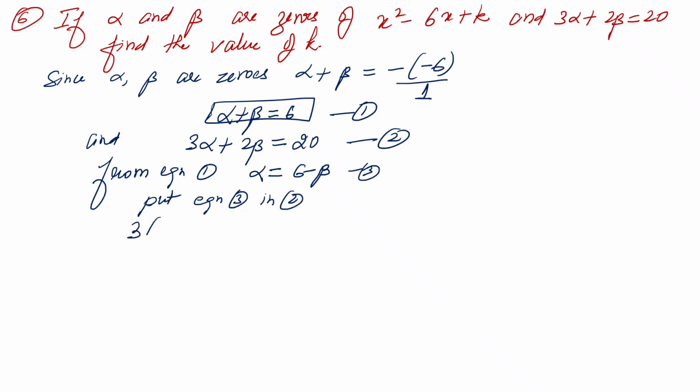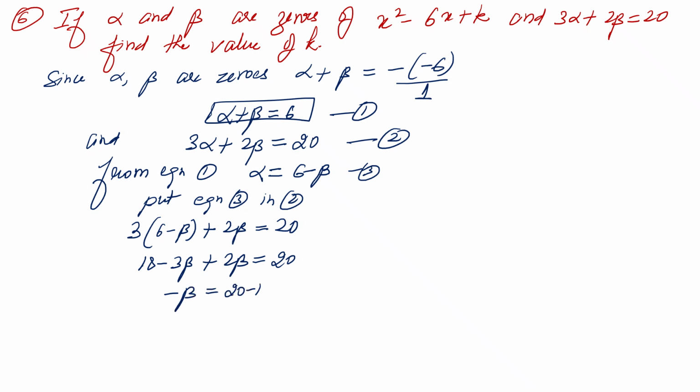So you will get 3 times 6 minus beta plus 2 beta equals to 20. 18 minus 3 beta plus 2 beta equals to 20. Minus beta equals to 20 minus 18. So you get minus beta as 2, or you can write beta as -2.